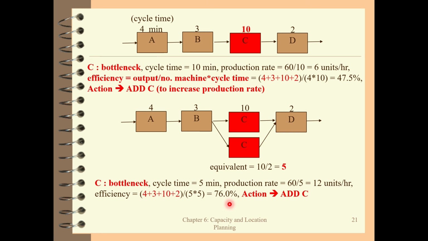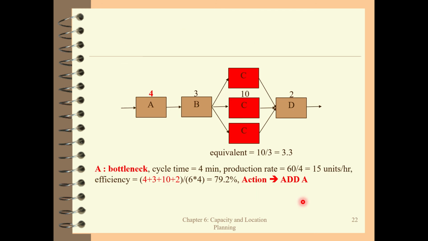Then if you want to increase more production rate, now the bottleneck is still machine C, right? Bottleneck is C. So you need to add one more C. And when you add one more C, the equivalent cycle time of machine C is 10 divided by 3, which is 3.3.